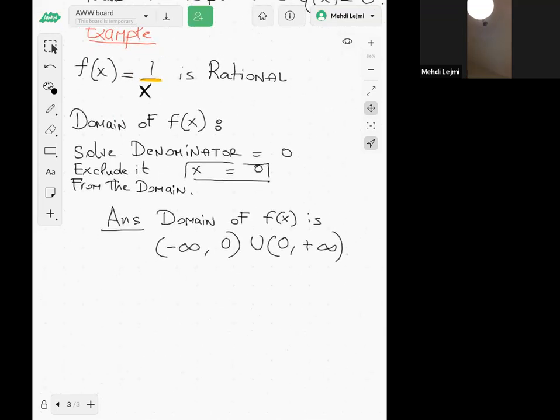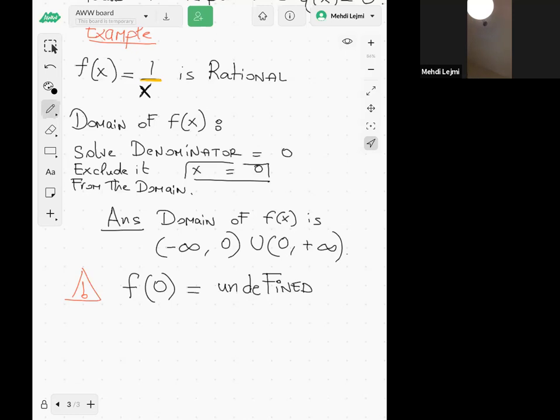F of 0 is undefined, it doesn't exist. It's 1 over 0, so there's no output which corresponds to 0.